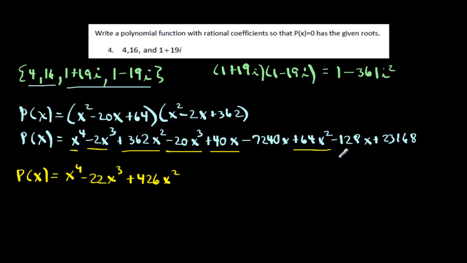Then we have 40x minus 7,240x minus 128x. That's going to be negative 7,328x. And then plus 23,168. That's one crazy answer.